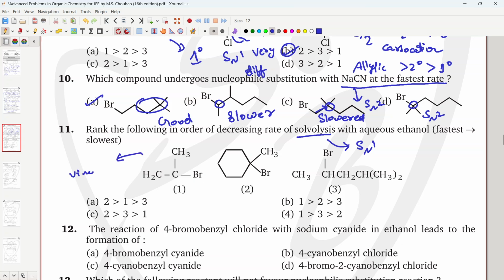One is a vinylic bromide. Br is directly attached to an sp2 carbon. So the loss of Br would give us a vinylic carbocation, which is extremely unstable. So SN1 is very slow.